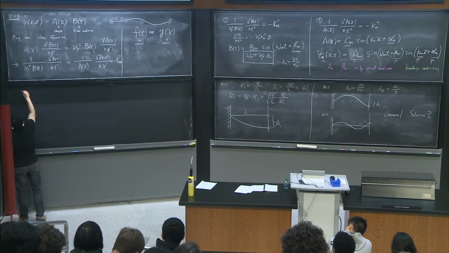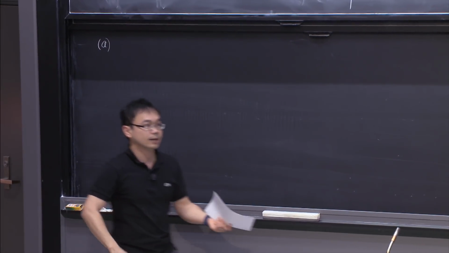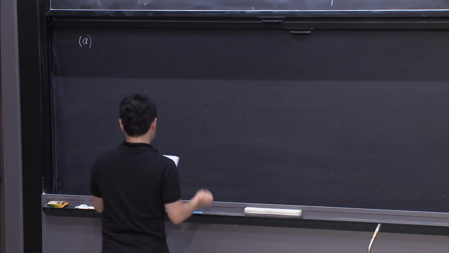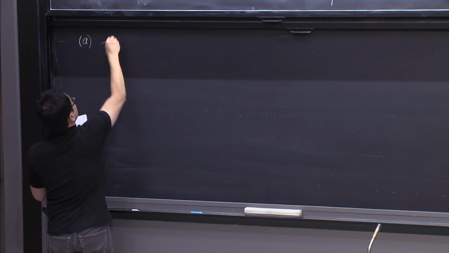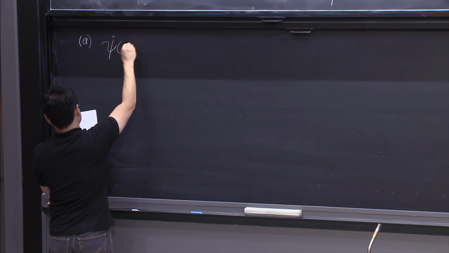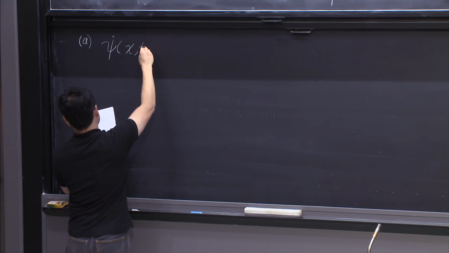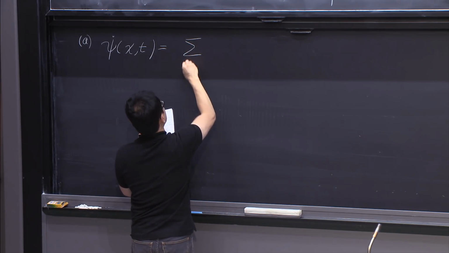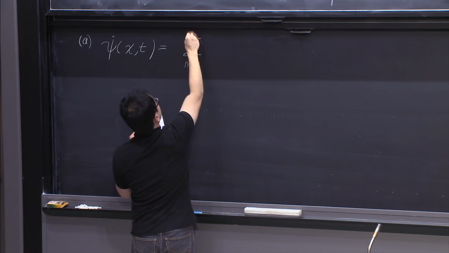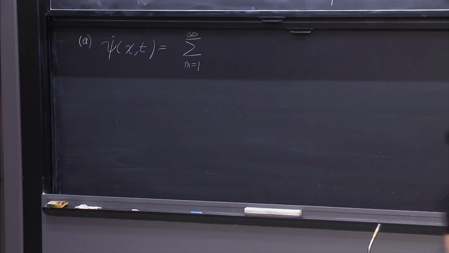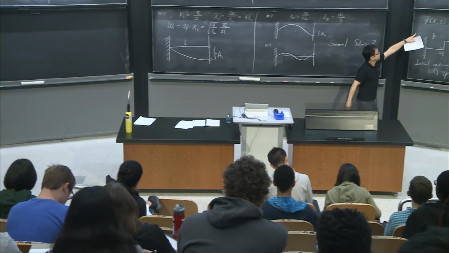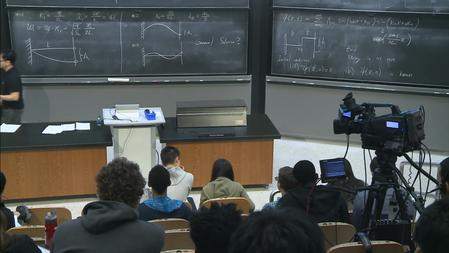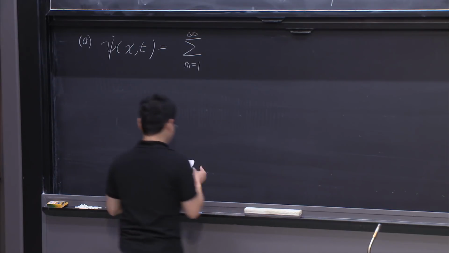So from the first initial condition, related to the initial velocity of the string, basically we can get psi dot x t, and this will be equal to the sum over n equal to 1 to infinity. I'm taking this equation and plugging it into the first initial condition.